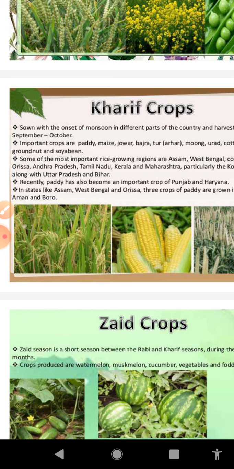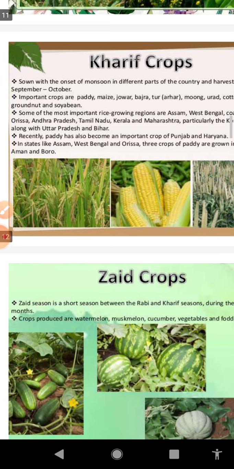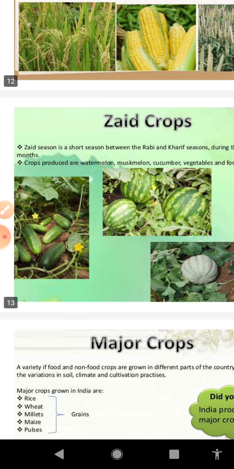Important crops grown during the Kharif season are paddy, maize, jowar, bajra, arhar, moong, urad, cotton, jute, groundnut and soybean.